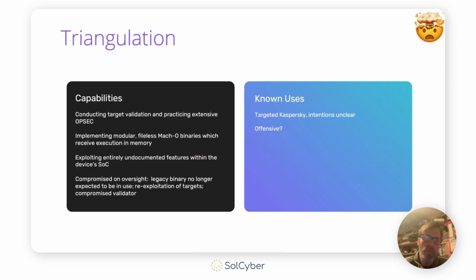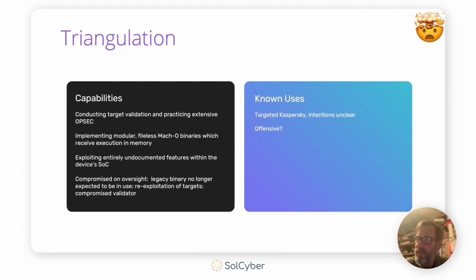Probably the last one to talk about is Triangulation. Triangulation was leaked with a lot of other US military secrets a few years back. And this was found targeting, for instance, Kaspersky, although the intentions there were unclear.